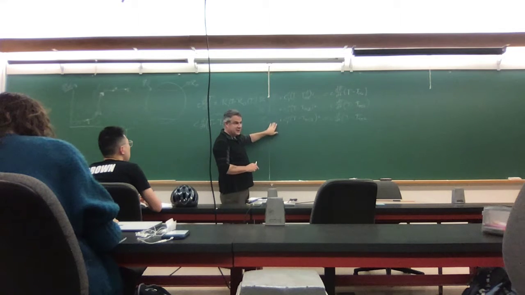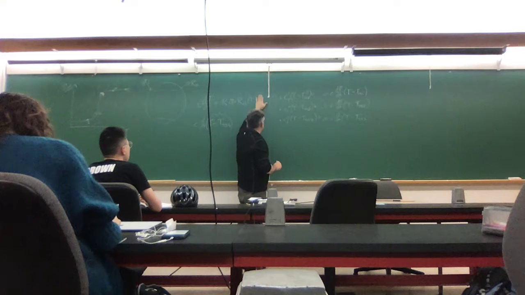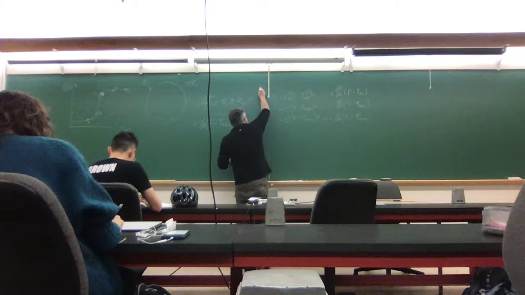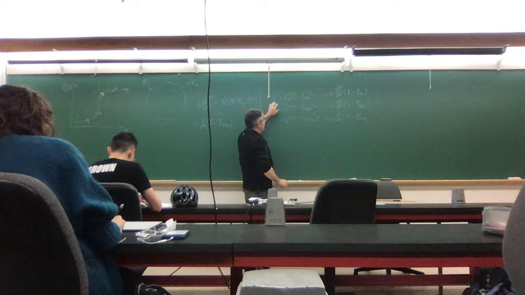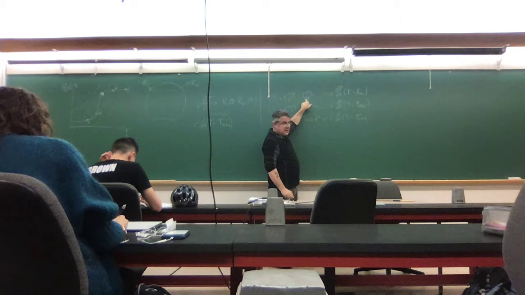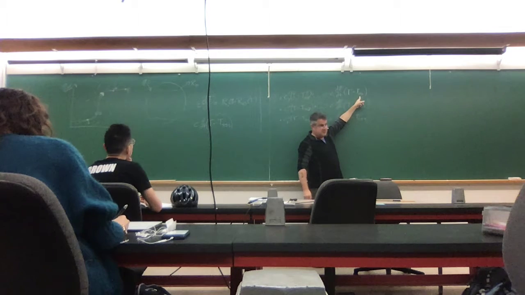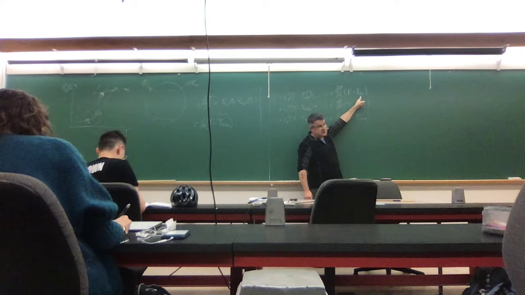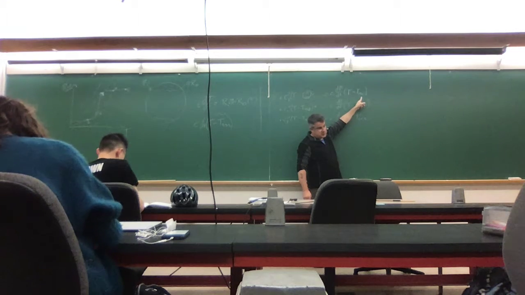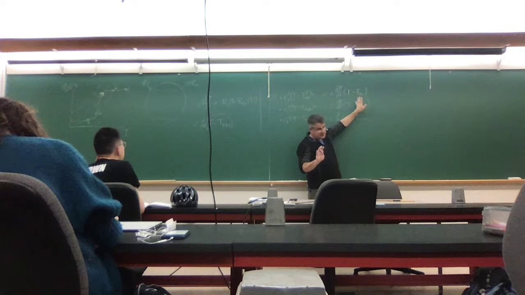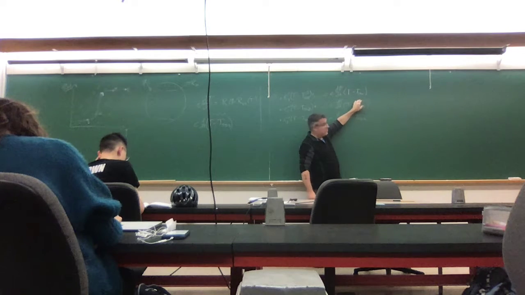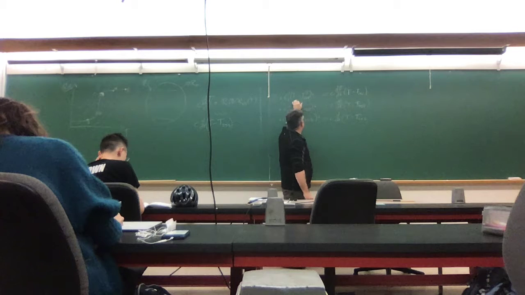Set the constants to 0. So I should remove this part. I said, let's take the steady state and suck it in here. And we can do that because it doesn't depend on time. So I just added 0 to this equation, so I didn't really change the equation. But now look at what this means.